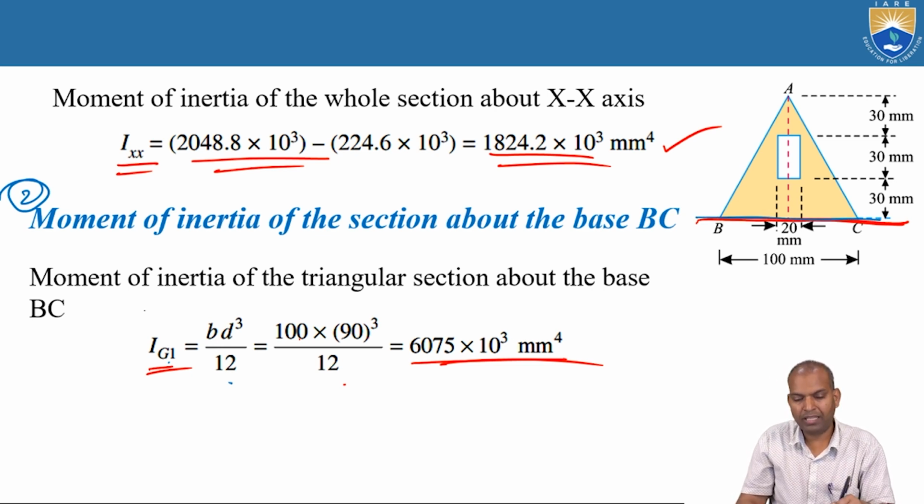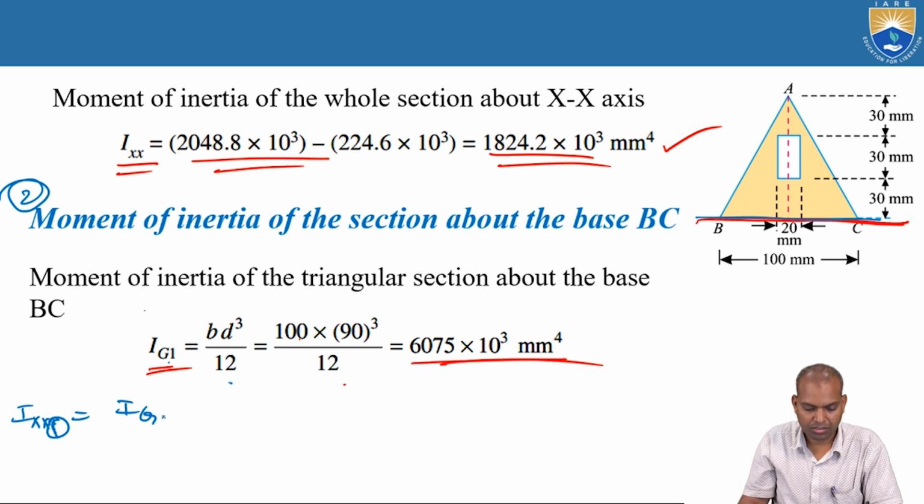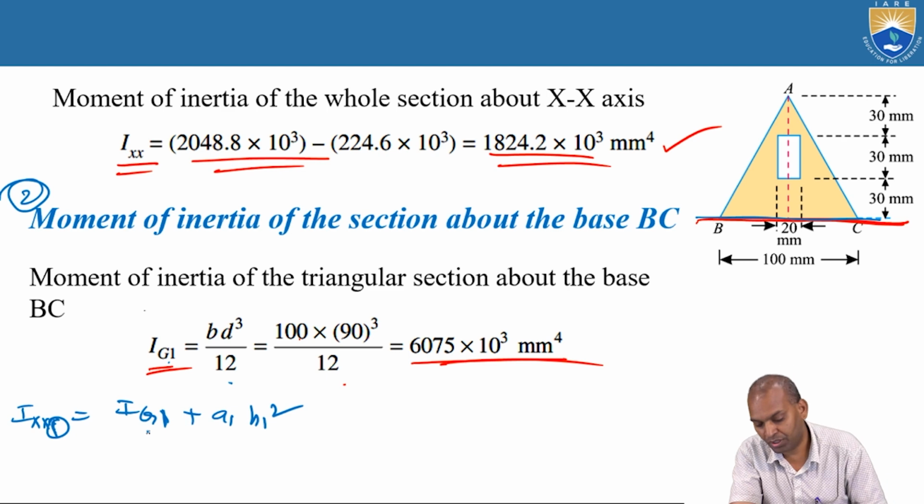If you want to apply the parallel axis theorem about the base, yes, Ixx1 equal to Ig1 plus area A1 H1 square. Now what is the Ig1 here?